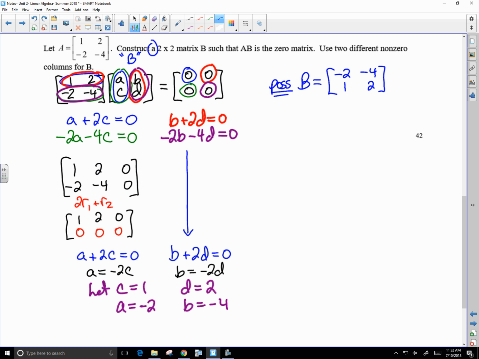Well, construct a 2 by 2 matrix B, so I guess that makes sense.